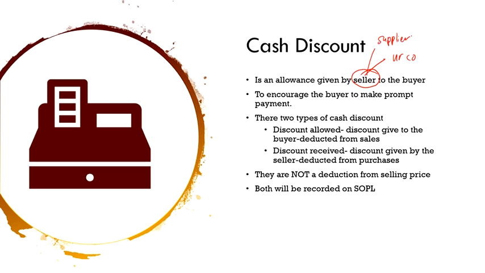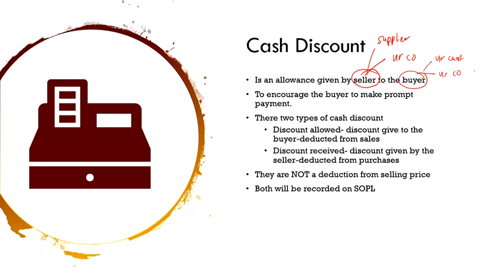Okay, so buyer pun of course will be your customer or you yourself, your company. Okay. So cash discount is to encourage the buyer to make prompt payment. Kita menggalakkan buyer kita ni bayar dengan keadaan segera. That's why kita akan bagi cash discount.